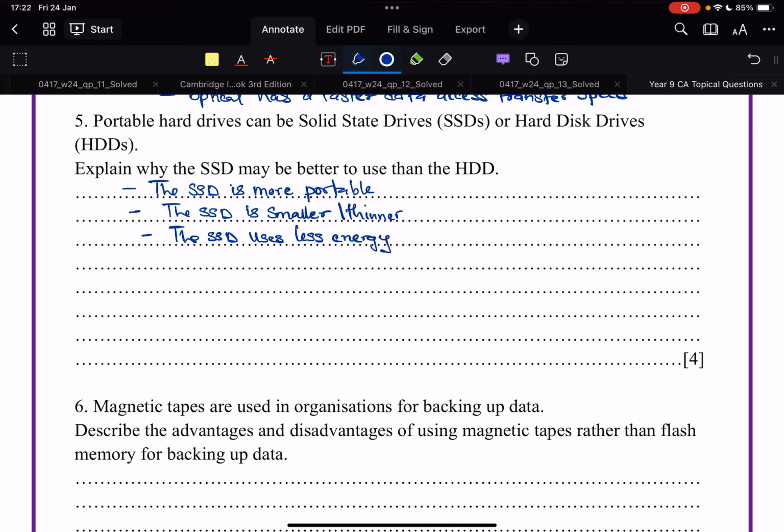And the SSD is more robust as it has no moving part.